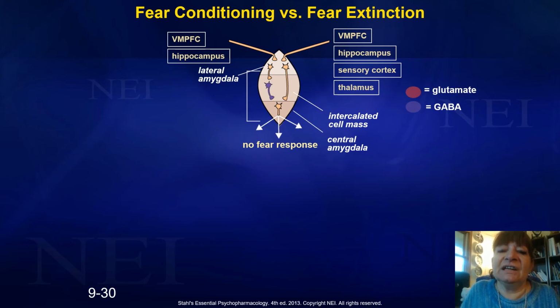Fear conditioning is not easily reversed, but it can be inhibited through new learning. New learning is referred to as fear extinction, and that is the progressive reduction of the response to a feared stimulus that is repeatedly presented to the person without adverse consequences.